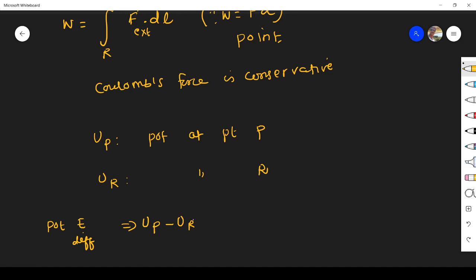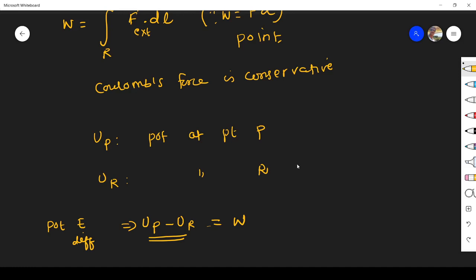So this potential energy difference UP minus UR is nothing but how much work we are doing to move a test charge from point R to P. Why are we associating work done with potential energy?